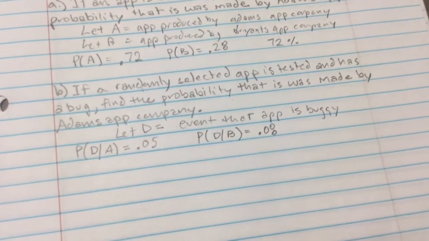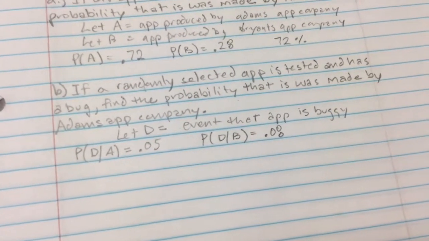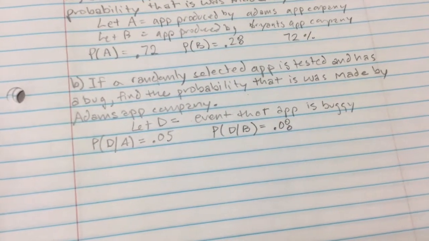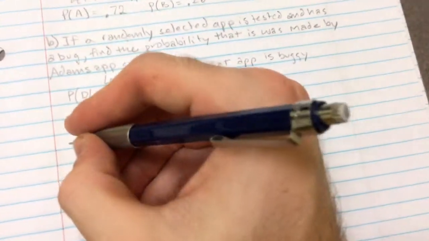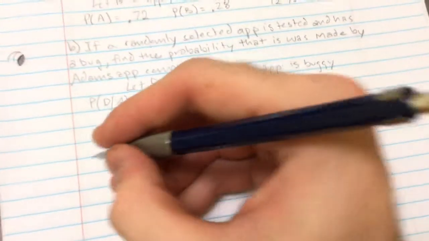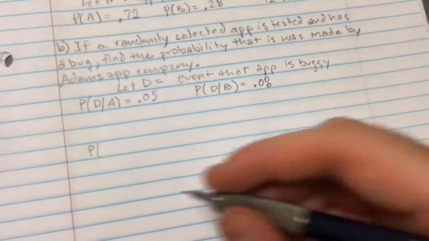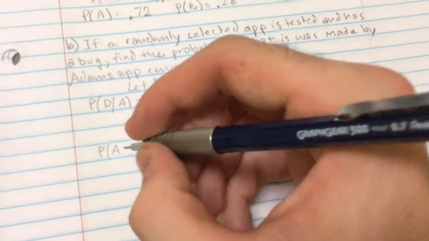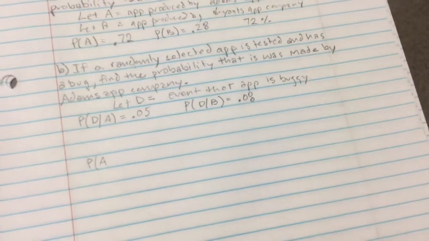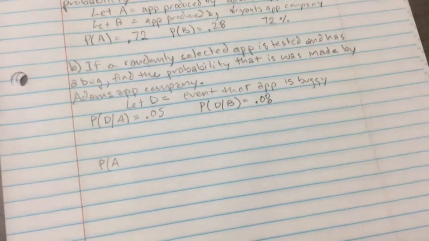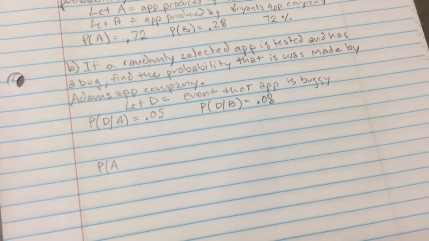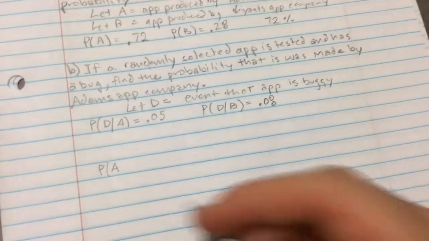So now that we found the conditional probabilities for these two components, we can plug them into Bayes' theorem. We want to find the probability that a randomly selected app is tested and has a bug, and that it was made by Adam's app company.